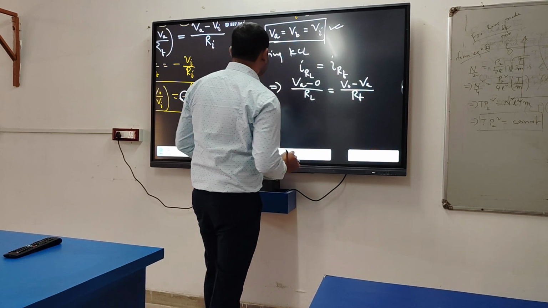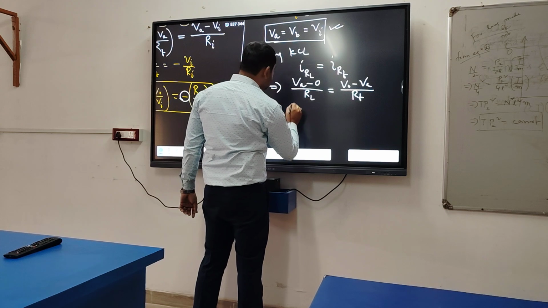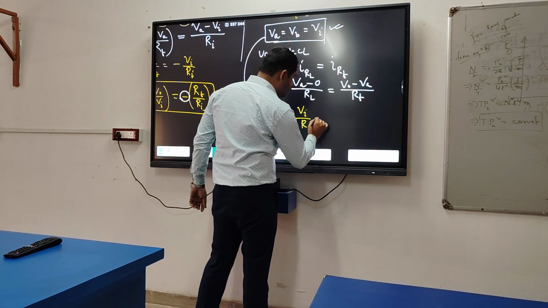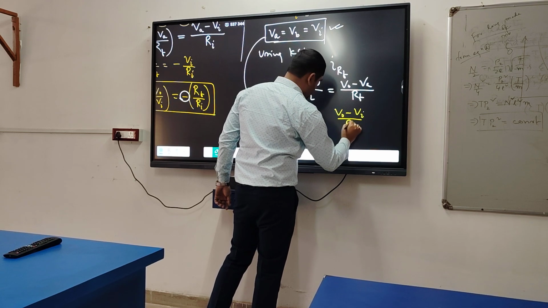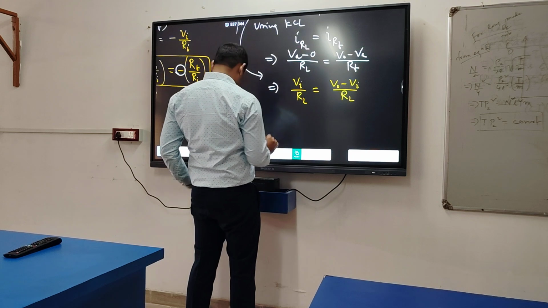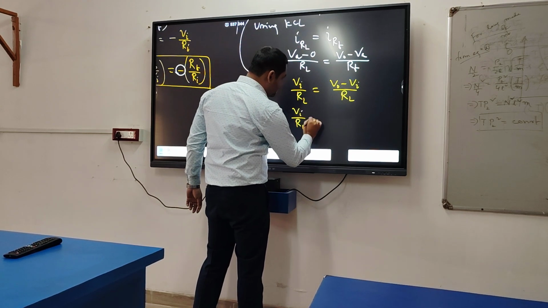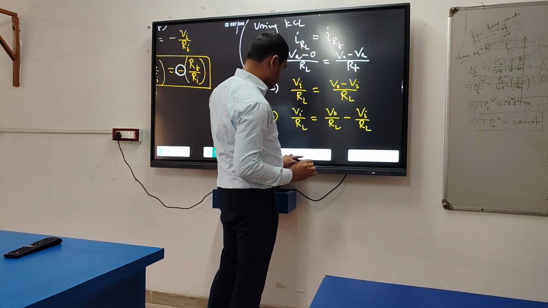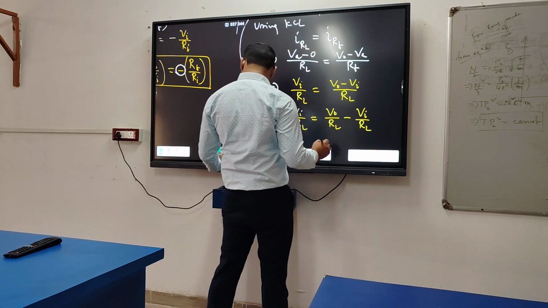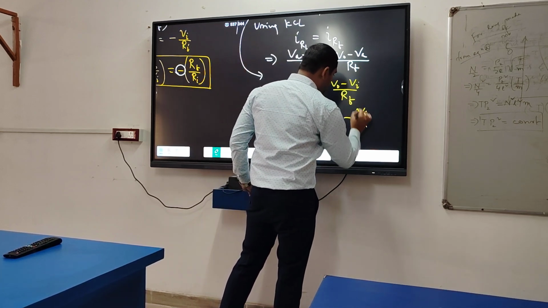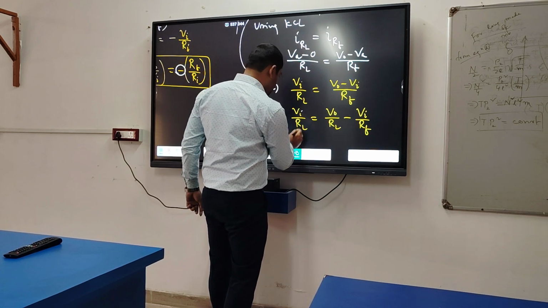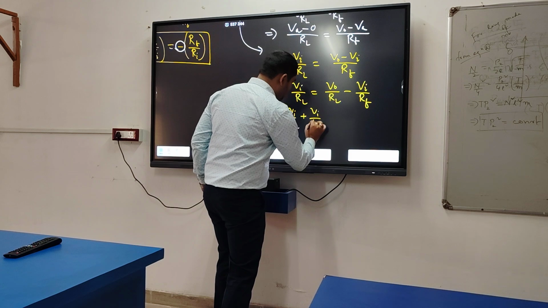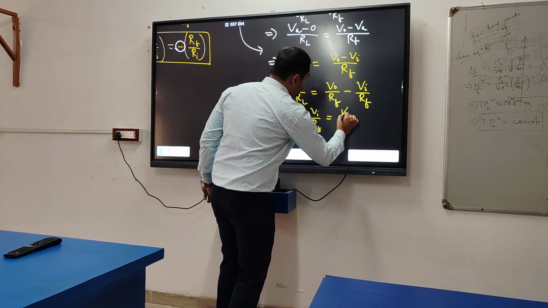The point VA is nothing but VI, the input voltage, so we replace VA with VI. So VI divided by R1 is equal to V out divided by RF minus VI divided by RF. Collecting the VI terms on one side, we get VI by R1 plus VI by RF equals V out by RF.